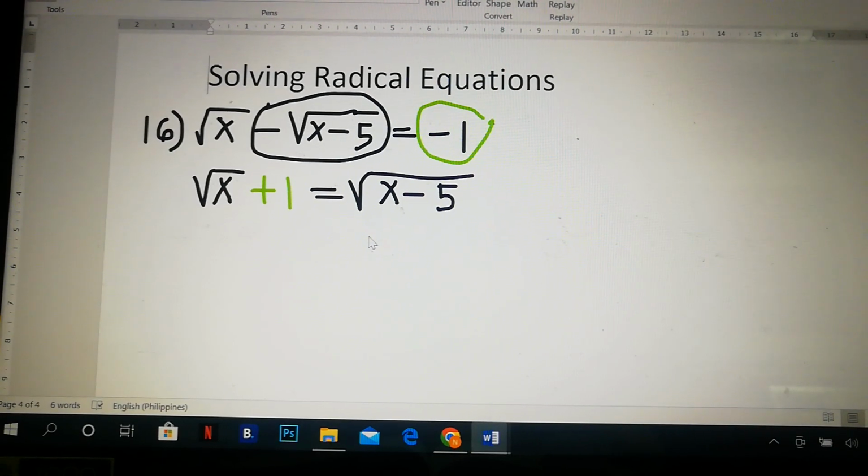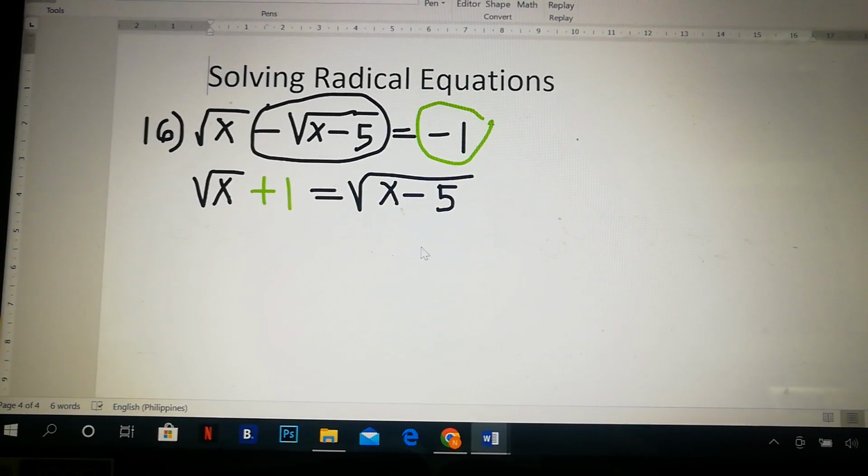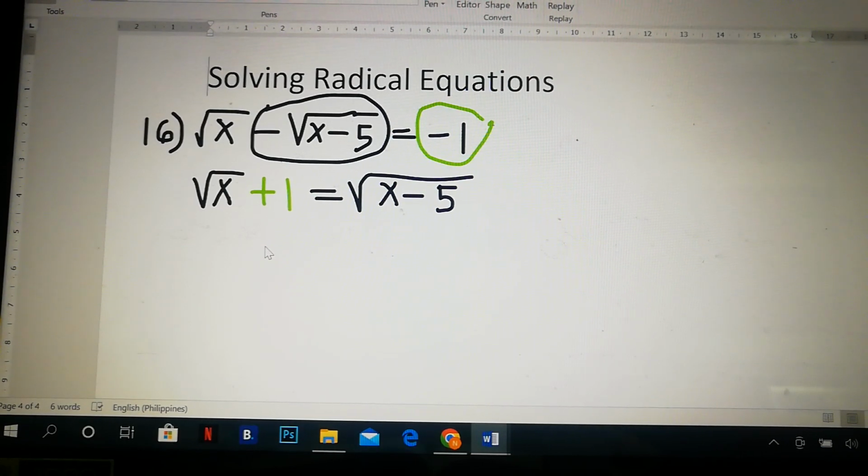Okay, so to remove the radical on the right side, we will apply square. We square both sides of the equation since the index is 2.